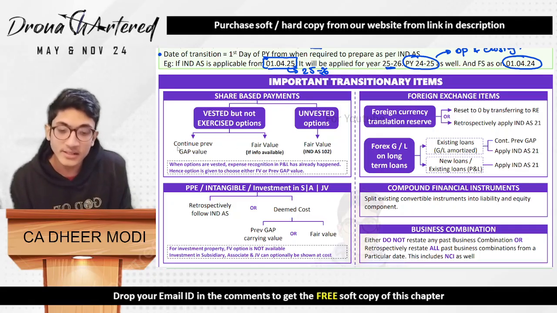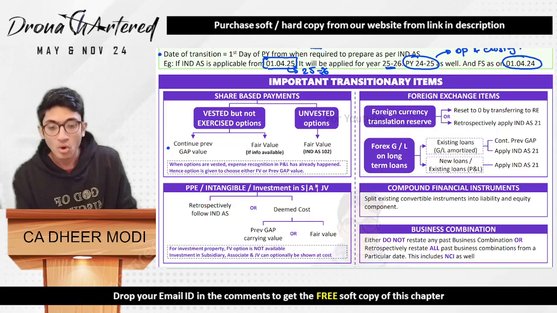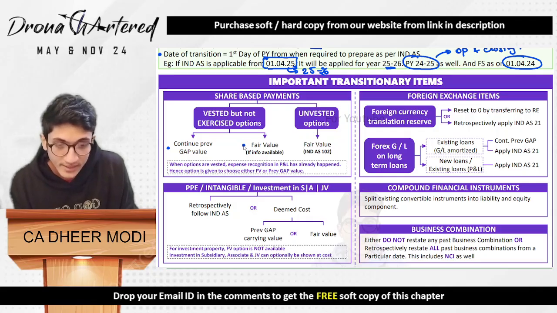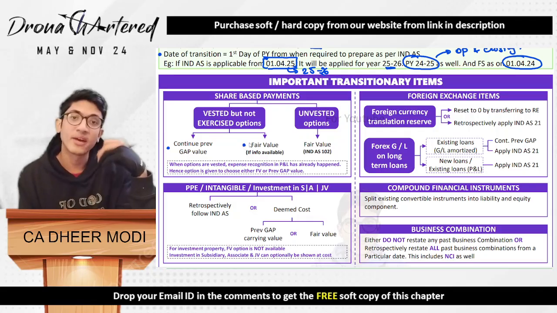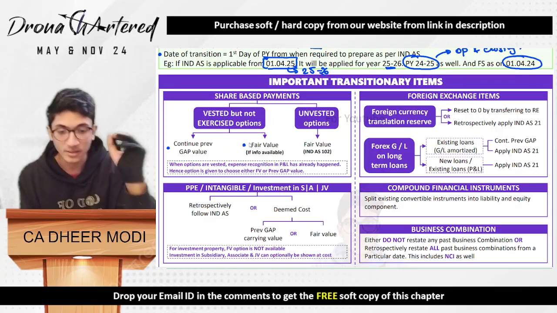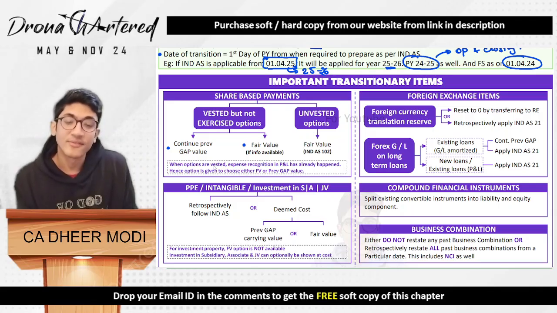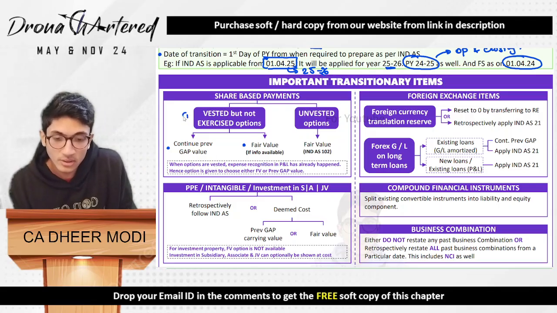They can either continue with the previous GAAP value, whatever was being followed till now, or they can now come into fair value. They can now present it as per fair value if the information is available. So when the options are vested, that is your case number one, and this is your case number two.